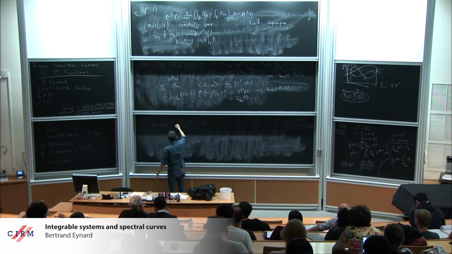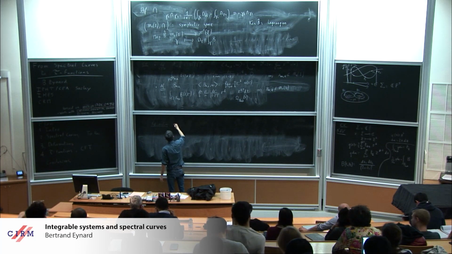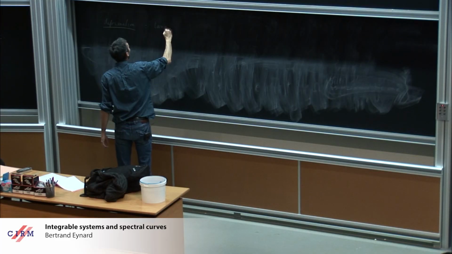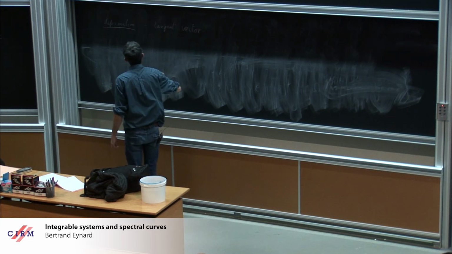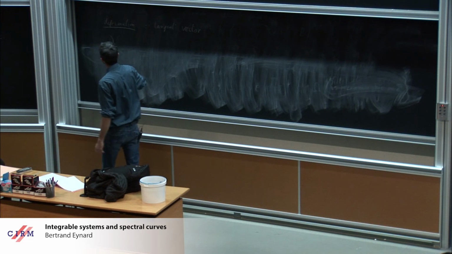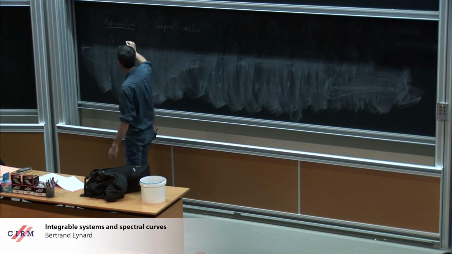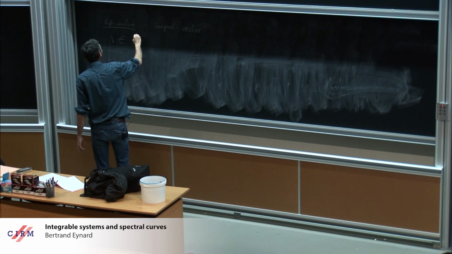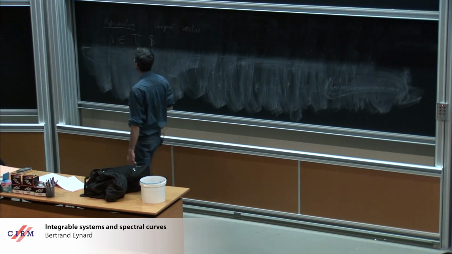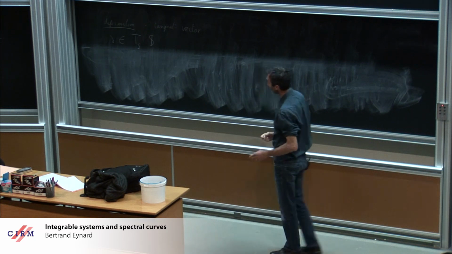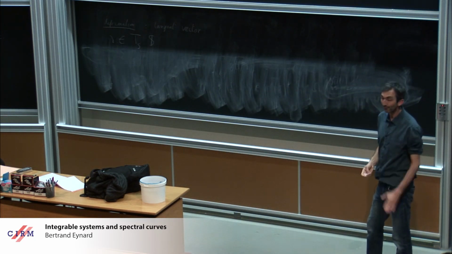Deformation here, for me, means tangent vector. So let me call D a generic tangent vector. It belongs to the tangent space of my space of spectral curves, the tangent space at my spectral curve S.